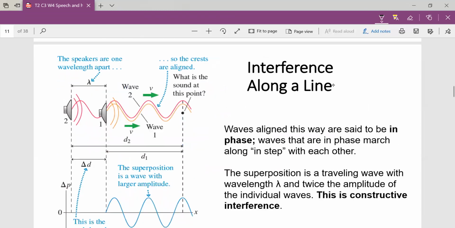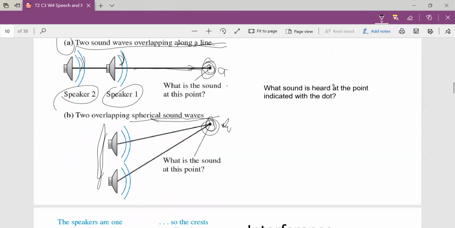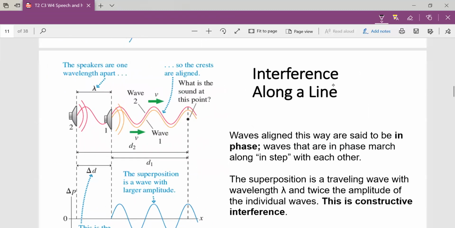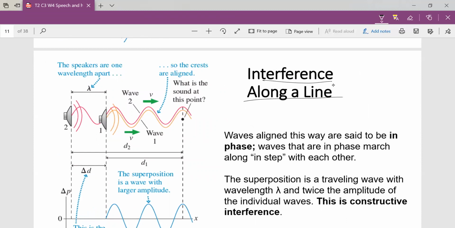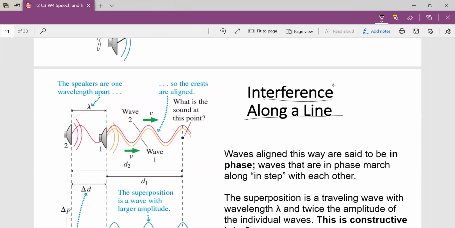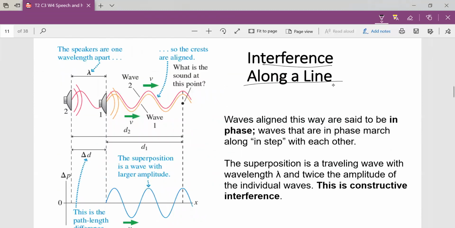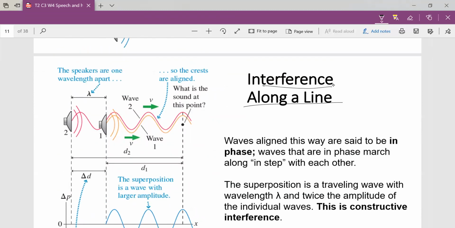Okay, so looking at the very first scenario for A, which is the interference along a straight line. Now, we have two sources of sound. The speaker 2 produces sound and speaker 1 is producing a sound. We use orange and red to differentiate the colors.